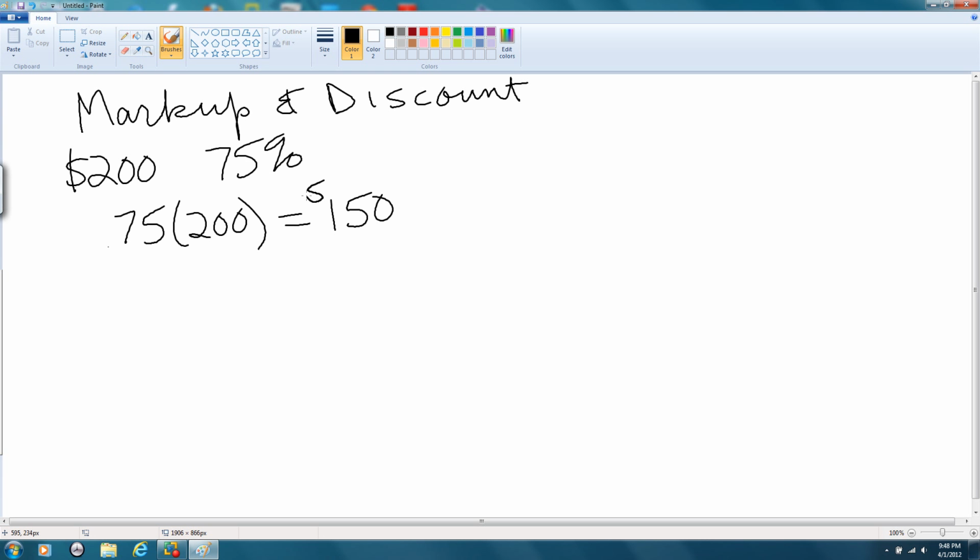That's my markup. Now, if the problem's asking for the price I'm going to sell it to you, the consumer, it's going to be the price I buy it for plus my markup of 150, and so I'm going to sell the computer to you for $350. So that's the idea of markup.